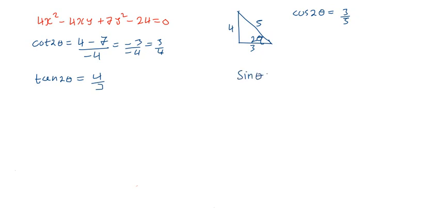sine theta is just going to be equal to the square root of 1 over 2, then 1 minus our cos 2 theta, which is 3 over 5. And what do we get?